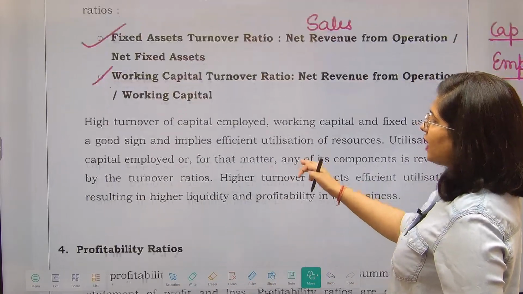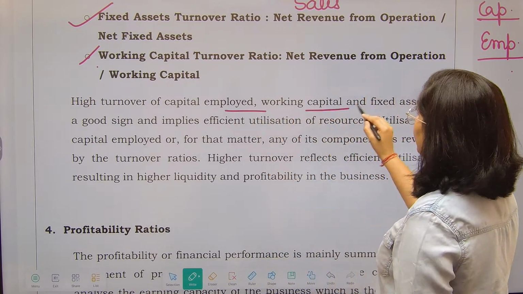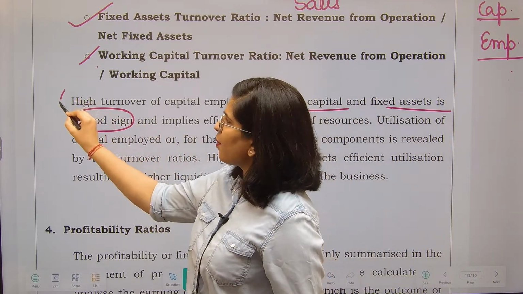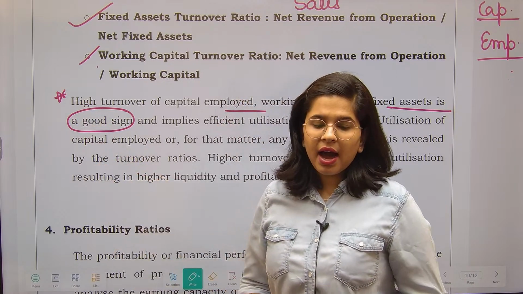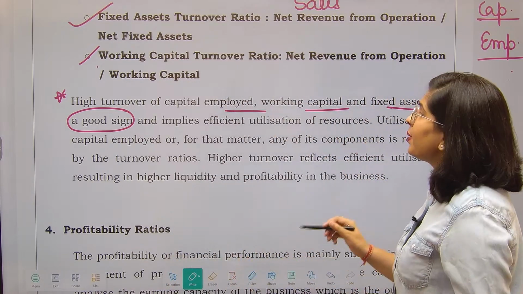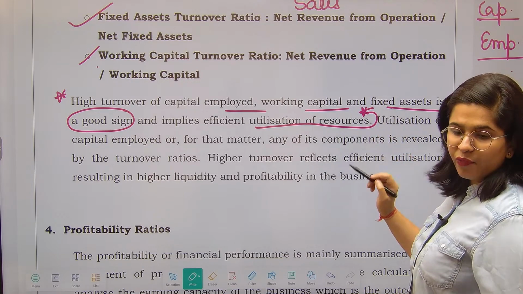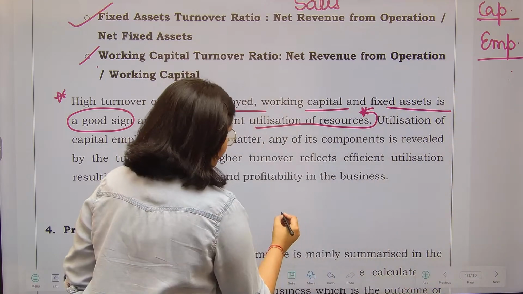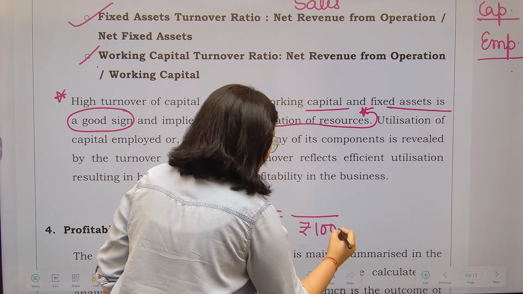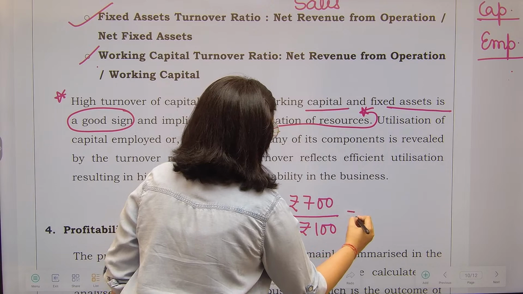So high turnover of the capital employed, working capital and fixed assets is a good sign. So please keep a tab on these. Yes, a high capital employed turnover ratio is always a win-win situation. Why? Because it says that you are utilizing your resources greatly. For example, suppose I am having 100 rupees capital and I am able to make 700 rupees worth of revenue out of it, that means 7.